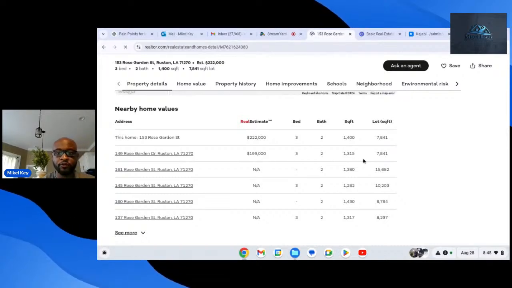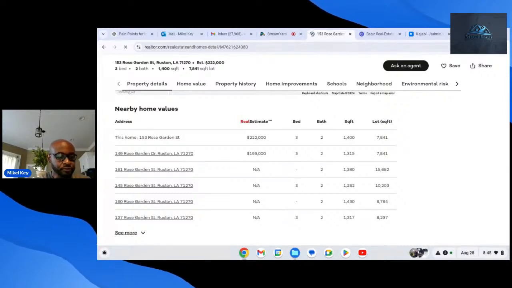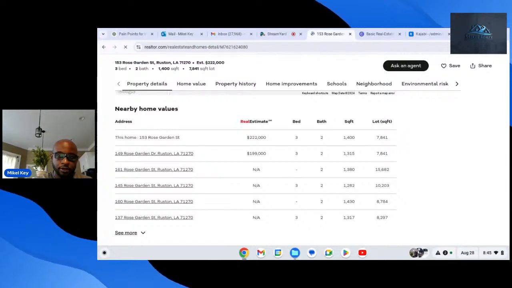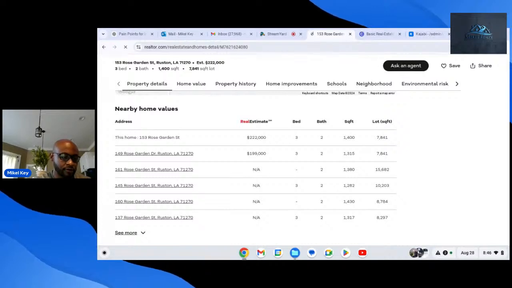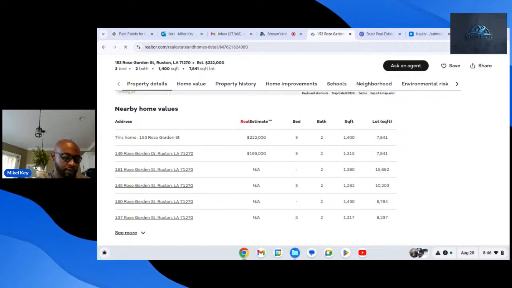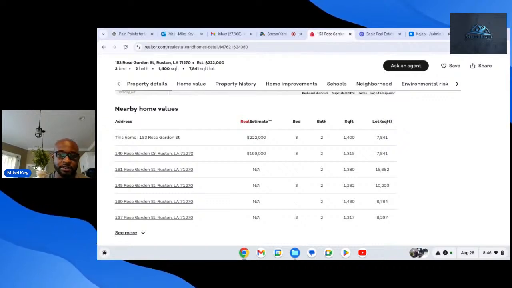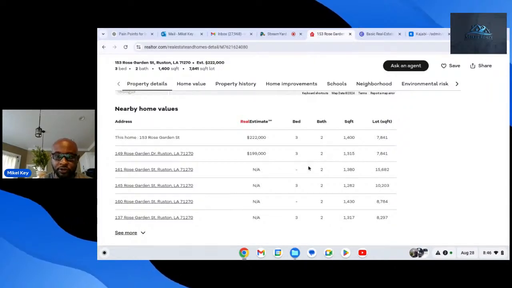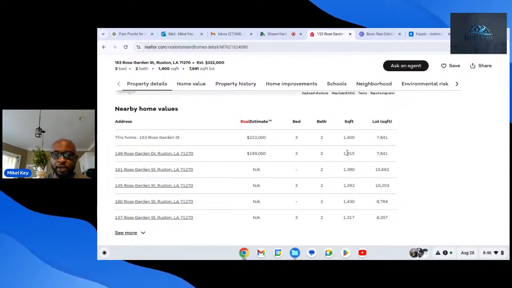If we play around with that number and do some basic math, we take $199,000 divided by 1,315, which is $151 a foot. I want you to understand how I came up with that. I took 199,000 and divided it by the square footage number, and that spit out $151 a foot.